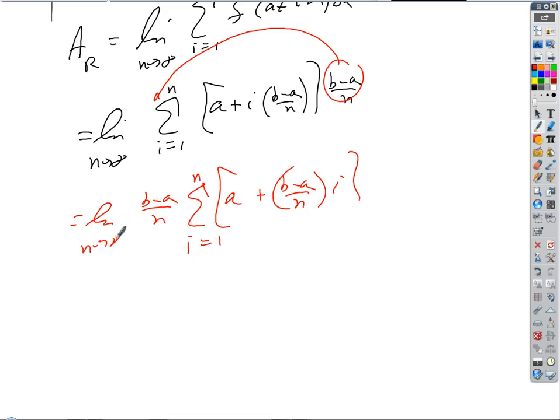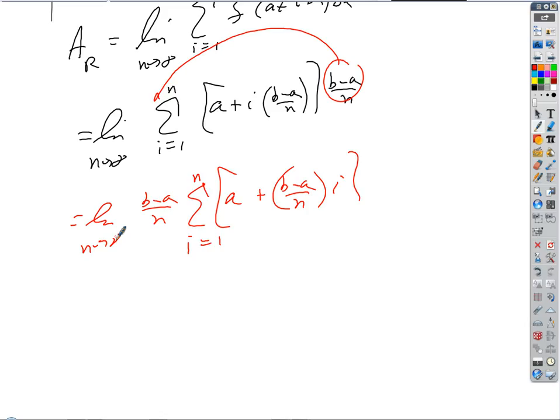Well, that's just two separate sums. I could write this as the sum of a plus the sum of b minus a over n times i. And here's where those summation formulas I gave you yesterday kick in. This one you don't even need a formula for. If I'm going to add up a plus a, n times, what's that equal?